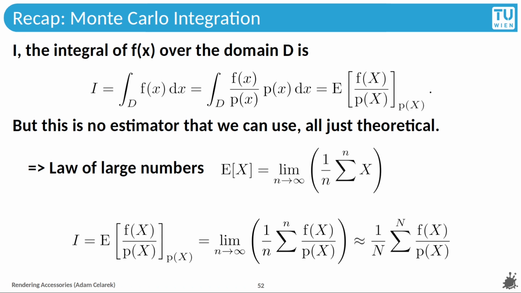We can use the law of large numbers to turn that into an estimator. The law of large numbers tells us that the average of an ever-increasing number of samples of x is the expectation. When we apply that to our stochastic variable f over p, we get the Monte Carlo estimator over here.